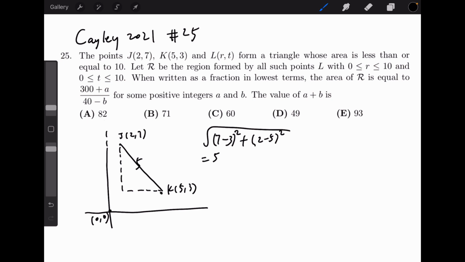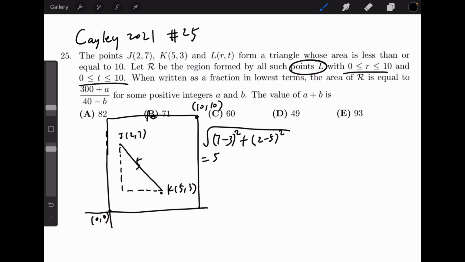Another piece of information that we can make use of is that the x-coordinate and the y-coordinate of point L have to be within the range of 0 and 10, which means the triangle has to be in this square that has a side length of 10. And this point, 10, 10, is the furthest point L can be.